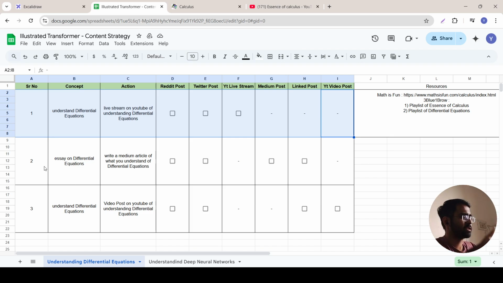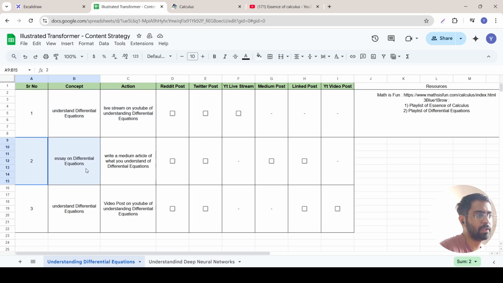Hey, this is my view, my understanding of differential equations. Here it is. So that is the second part: I'll be writing an essay on differential equations, in my own words, no GPT, nothing. It's just pure me, my analogies, my understandings. Okay, my life, my rules. That is the second part.